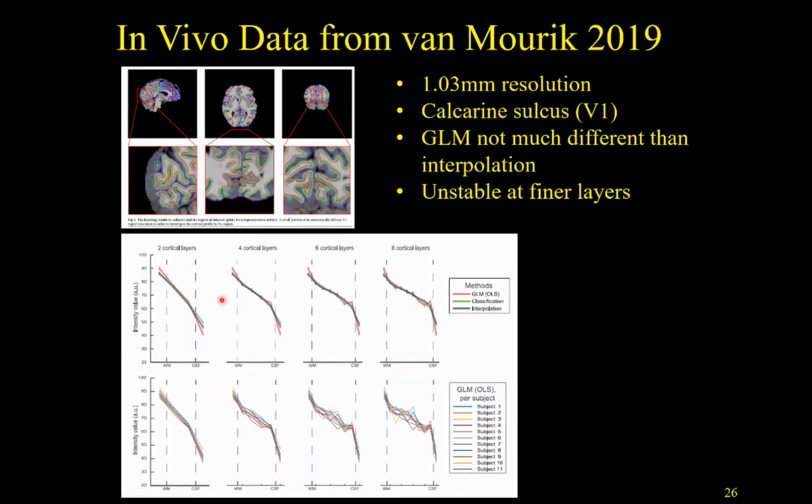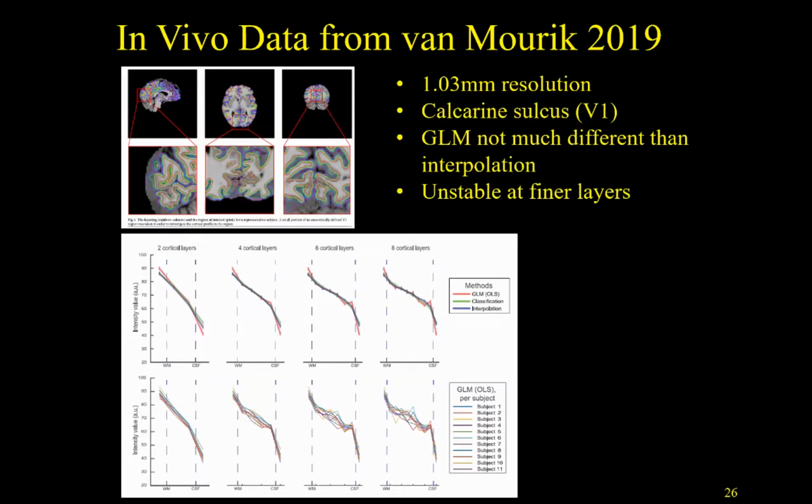And once again, you can't see all that much difference. But one of the things that you notice is that the spatial GLM is starting to become very noisy once you start dividing it up into these finer and finer levels.